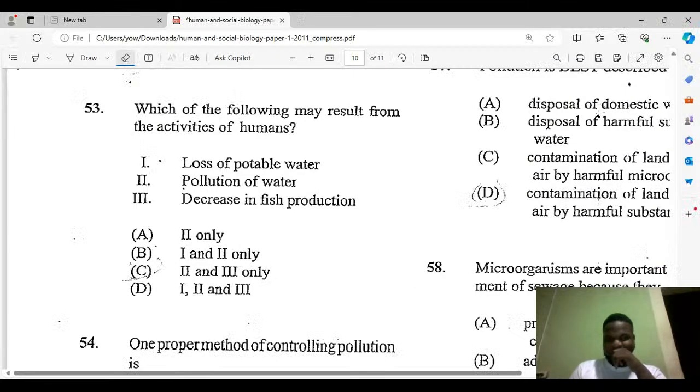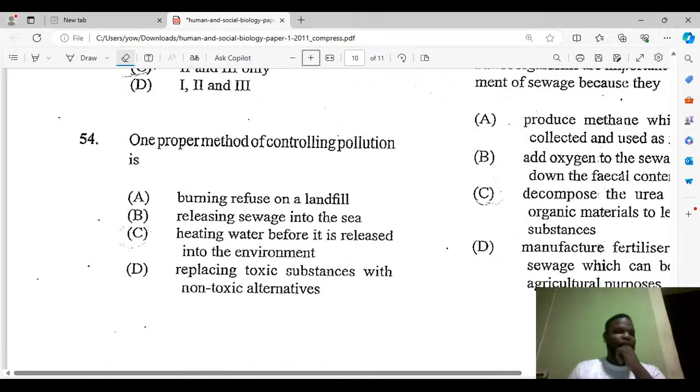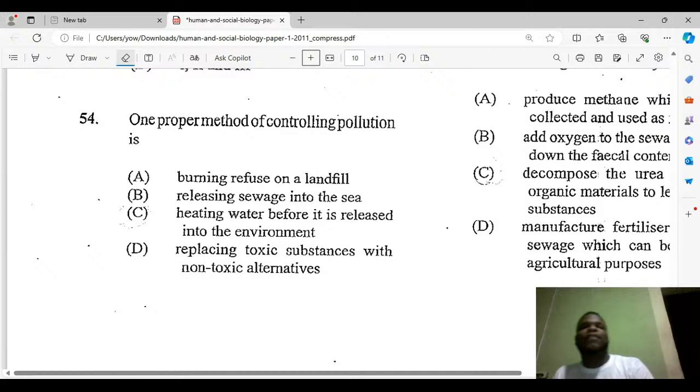54. One proper method of controlling pollution is burning the refuse on a landfill, releasing sewage into the sea, breathing water before it is released, heating water before it is released into the environment, and replacing toxic substances with non-toxic alternatives.